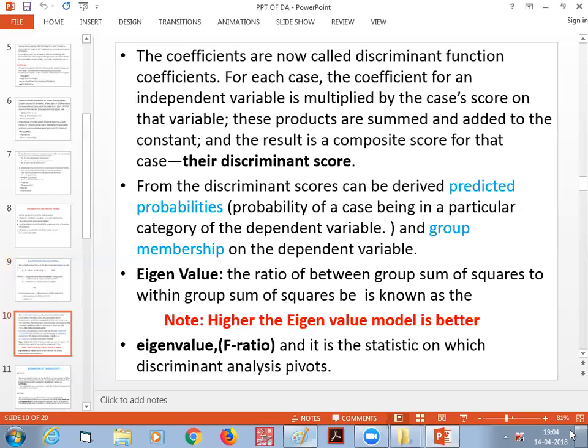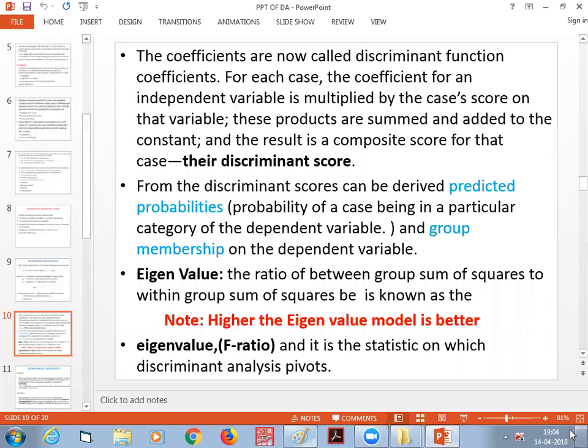Normally the decision maker or a manager, whoever is the concerned person in the mall, let us say, would like to find out: if a person comes to our mall, what is the probability he is going to buy the product? What is the probability he is not going to buy the product? So the higher the probability, what does it mean? It is almost sure he is going to buy. The lower the probability gives the manager the information that he is not likely to buy the product from our mall or from our company.